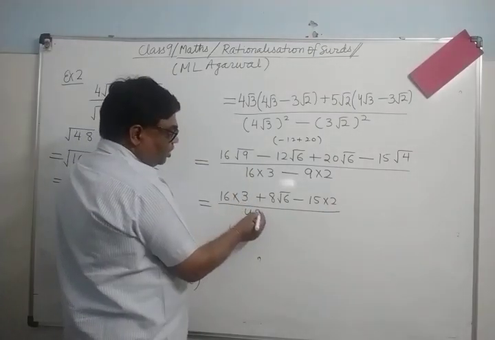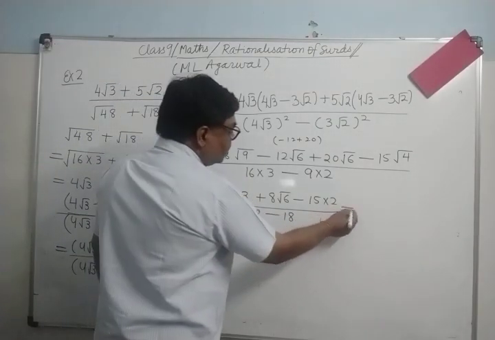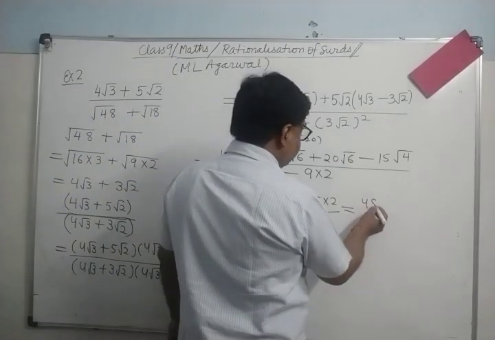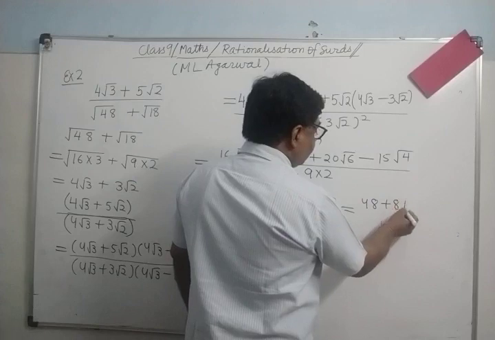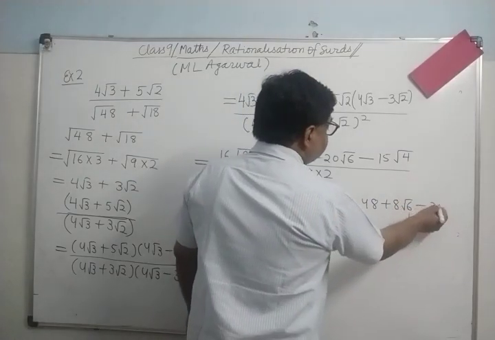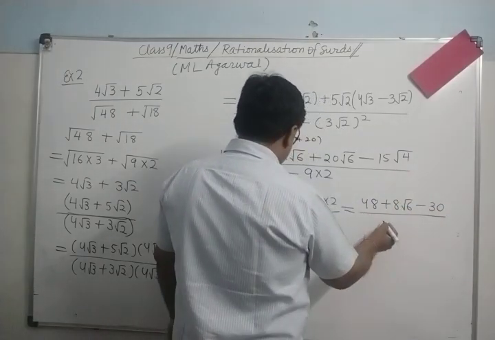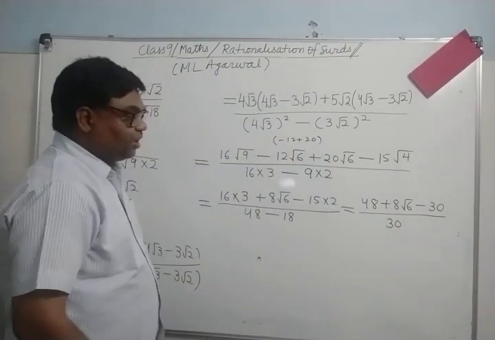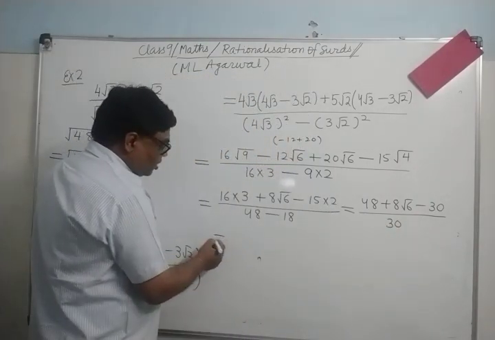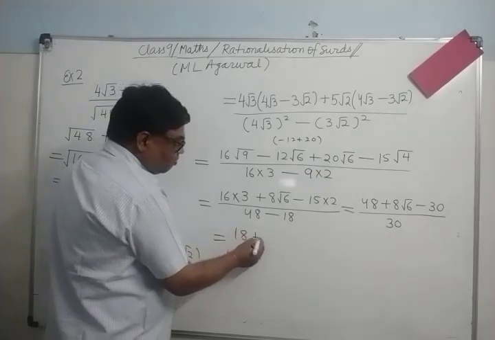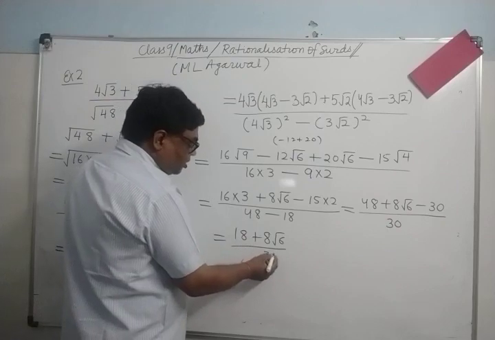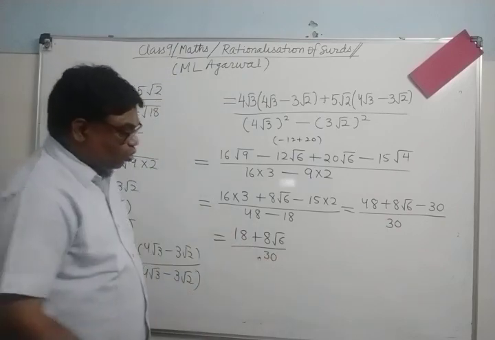16 3s are 48 minus 80. Now you simplify: it is 48 plus 8 root 6 minus 30, upon 30. 48 minus 30 is 18, plus 8 root 6, upon 30. Now you take 2 common.